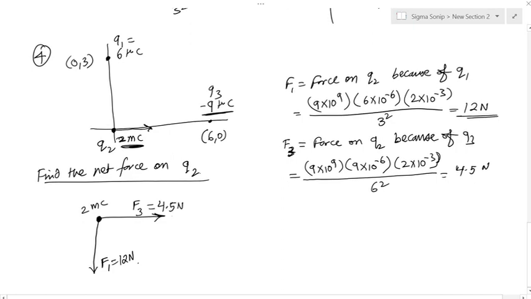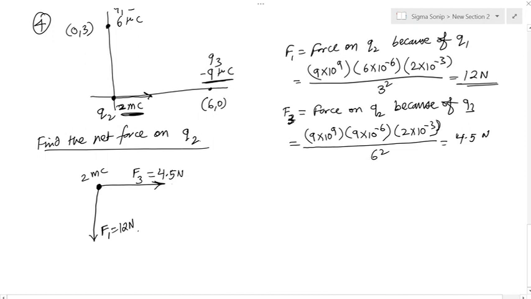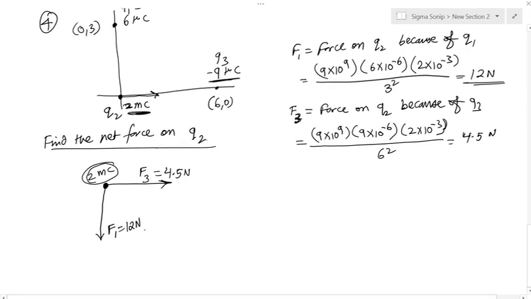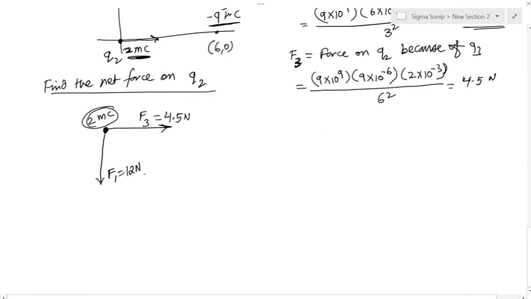So the situation is clear now. My 2 millicoulomb charge is being acted upon by 2 forces, so we need to do a vector addition. Vector addition is simple. What we do is we draw them in a chain, just like we have done in previous chapters. So I'll draw the first force. This is 4.5 Newton.